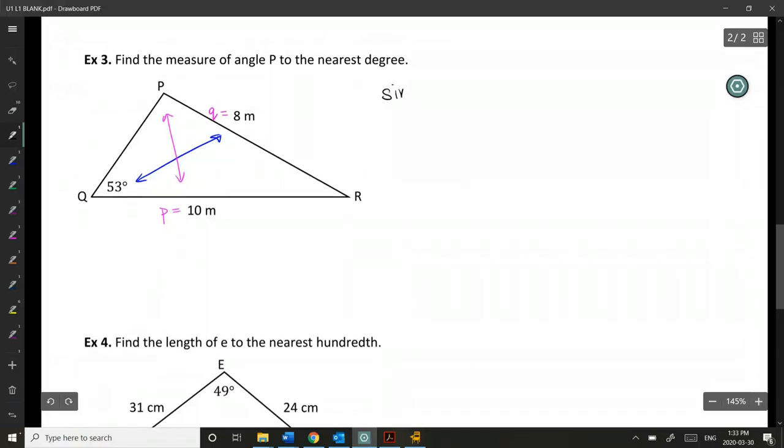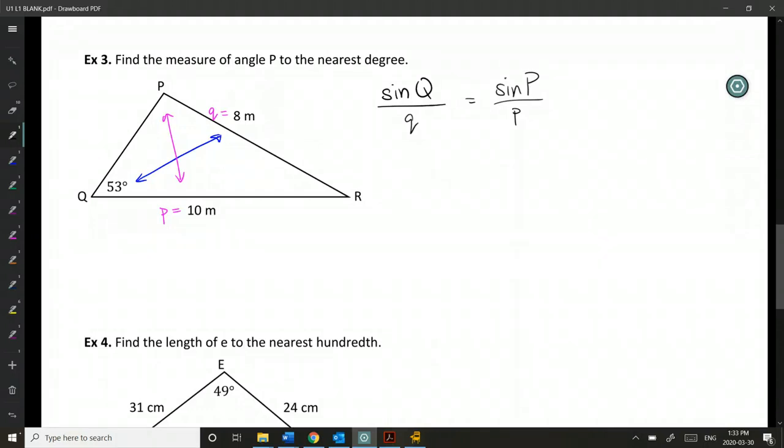I'm going to set up sine of q over side little q, not p. And I'm going to set up sine of p over side little p. Okay, so uppercase represents angles, lowercase representing sides here.